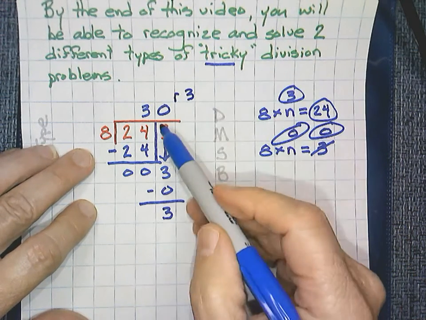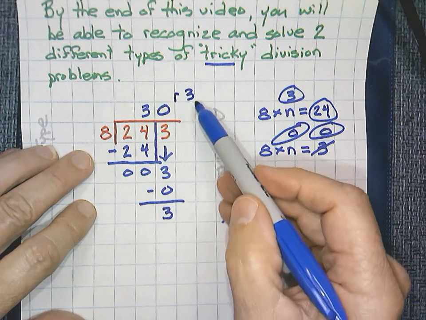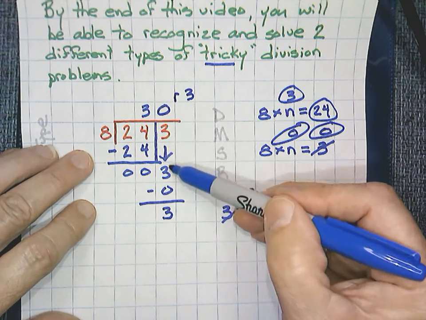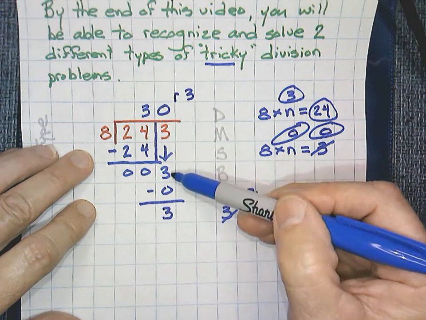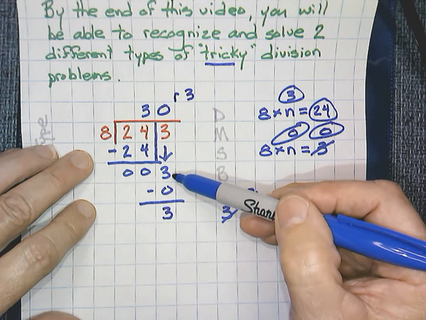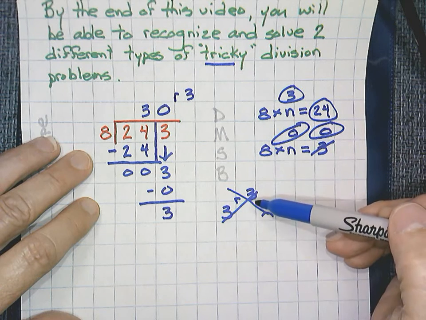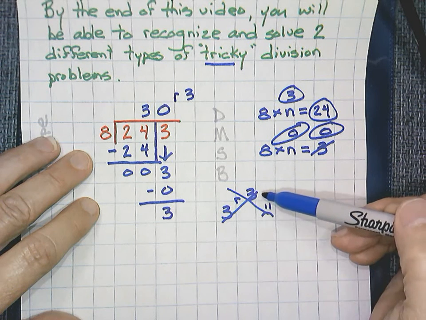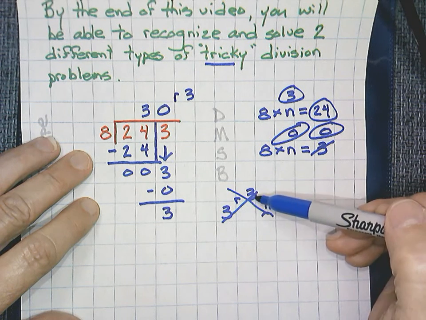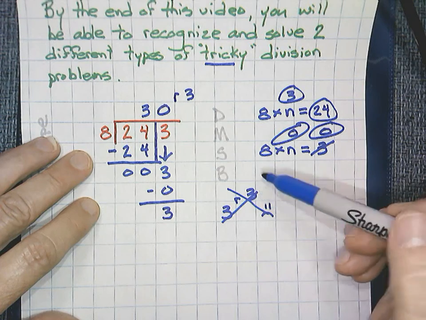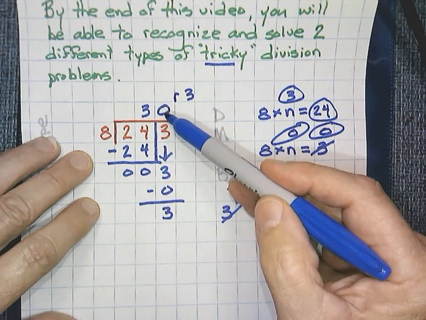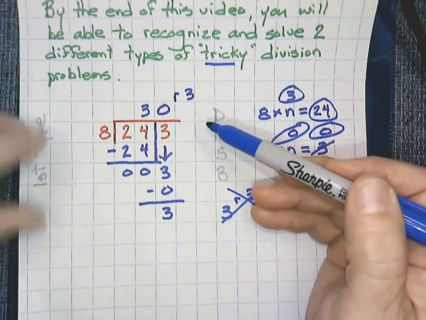So our answer is 30 with a remainder of 3. So these kinds of problems, when you have a smaller number that you bring down, can be a little bit tricky, and students will often put the wrong answer. In this case, 3 with a remainder of 3 would not be correct. The answer would be 30.